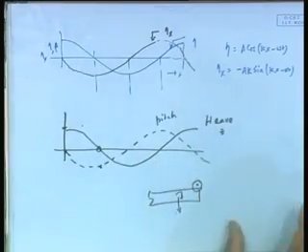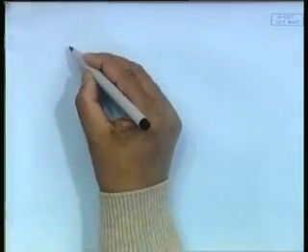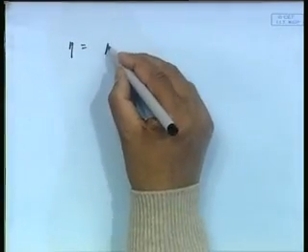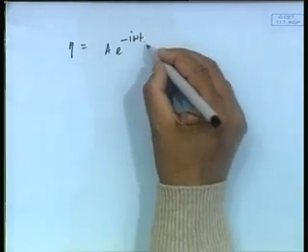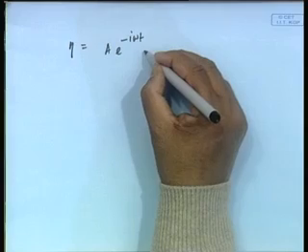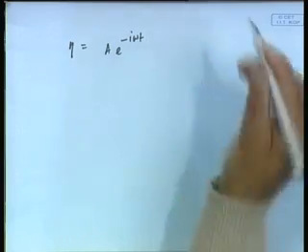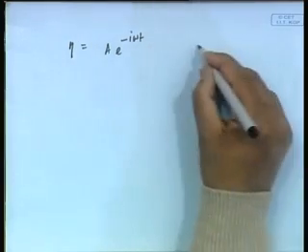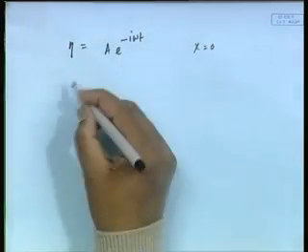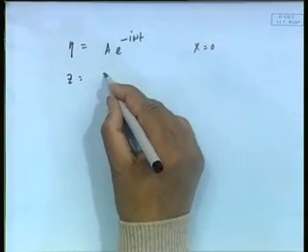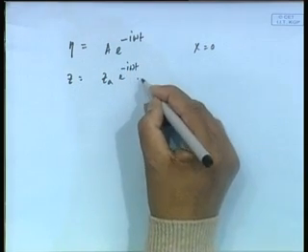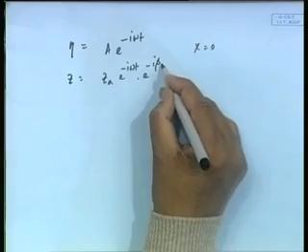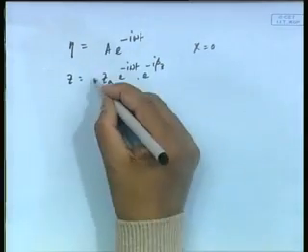In fact, if I have eta equal to a e to the power of minus i omega t at x equal to 0, then I am writing my z to be za e to the power of minus i omega t times e to the power of minus i beta z. This is all of course the real part.